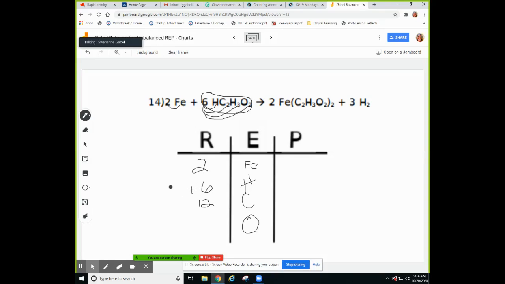So I have 18 more atoms of hydrogen in this formula. So there's 6 atoms of hydrogen here and then 18 here. And then 6 times oxygen's 2 tells me that there are 12 atoms of oxygen.